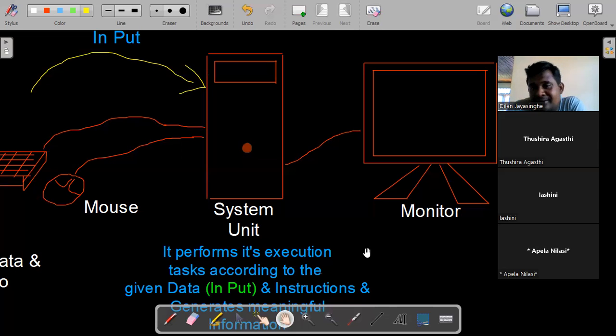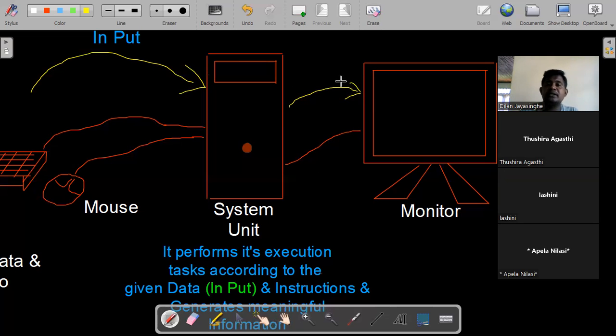Therefore, this generated information is output by the monitor. By which device does it output? By the monitor, right? Then look at this: the created information being presented is sent to the monitor.